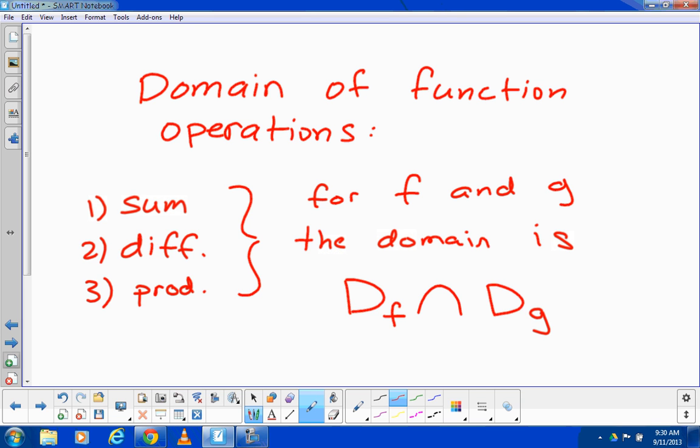Now, the fourth one is, of course, the quotient, or in this we call it maybe division. You don't really have to use the word quotient. The quotient is the same thing, but it's going to have sort of something else we're going to have to add to it. So for the quotient, it's the same thing.